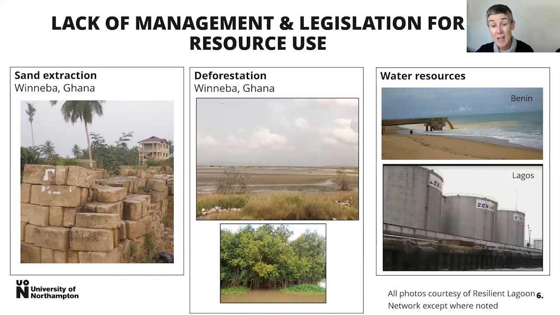One around sand extraction, and that's probably quite specific to some areas in the global south, and that's the mining of sand on the beach for construction purposes, and that exacerbates erosion, impacts sediment transport and resuspension, causes water turbidity and loss of habitat. There's legislation in most countries against it, but it's very hard to enforce and to police.